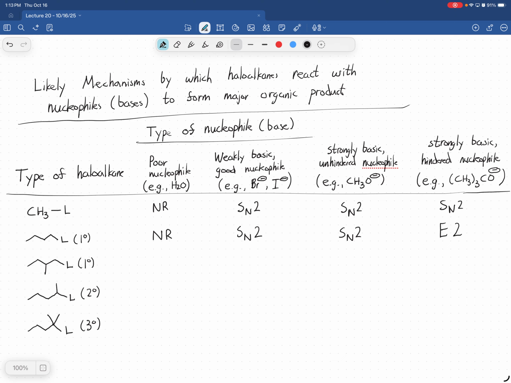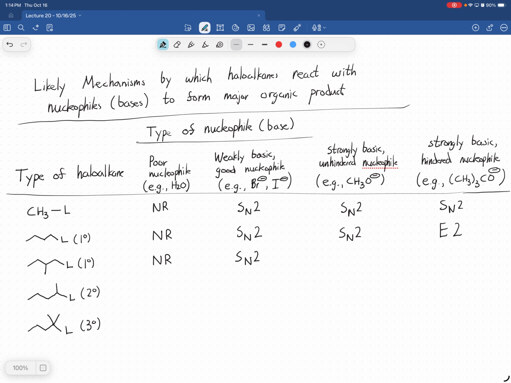So here you got to consider a few things. Your substrate, primary, secondary, tertiary, and then also the strength and hinderedness of your nucleophile. Okay? All right, well, about primary hindered, still no reaction for primary poor nucleophiles. But now weakly basic, that will still do SN2, although it'll be slower than the unhindered substrate. Okay?